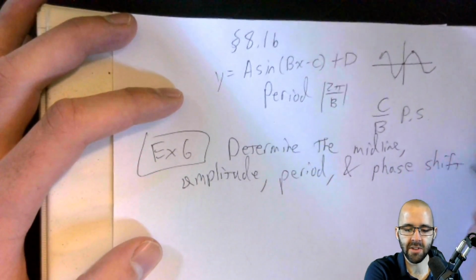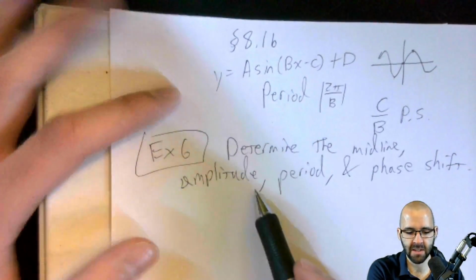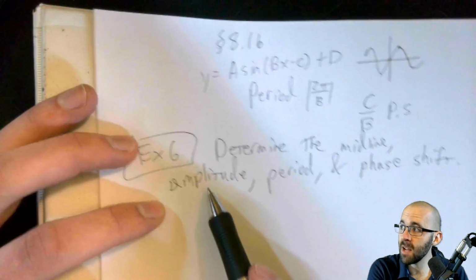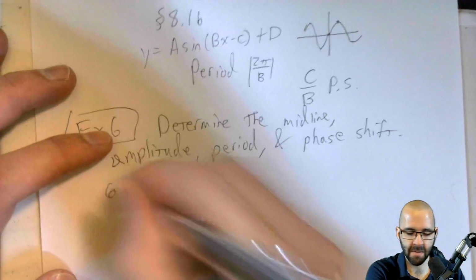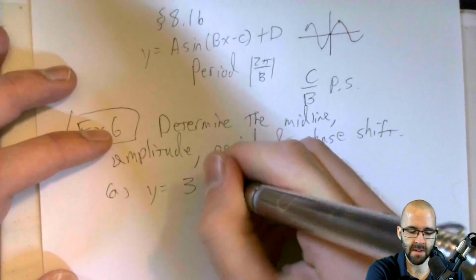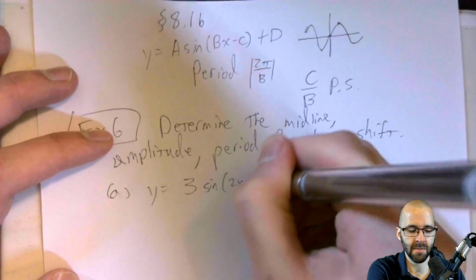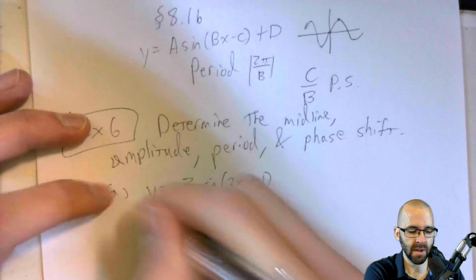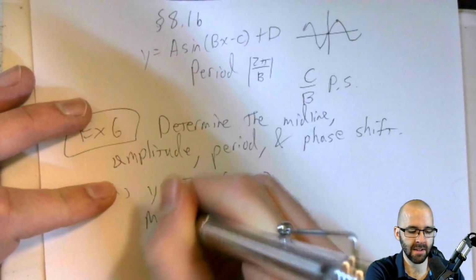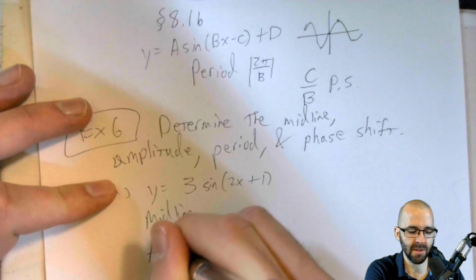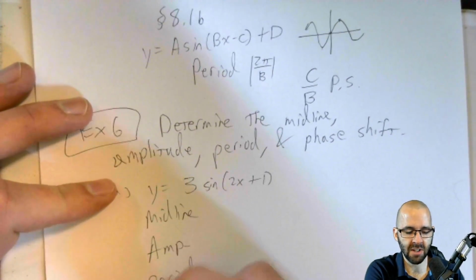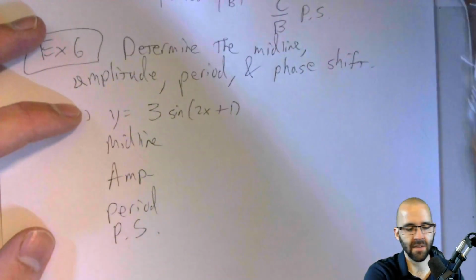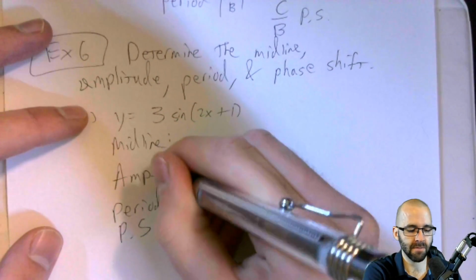Essentially the core of this section is being able to do this, given a function and given a graph. So part A, we got y equals 3 sine of 2x plus 1. Again, we need the midline, the amplitude, the period, and the phase shift. So just write down what we need, and then we can start doing what's necessary to get it.